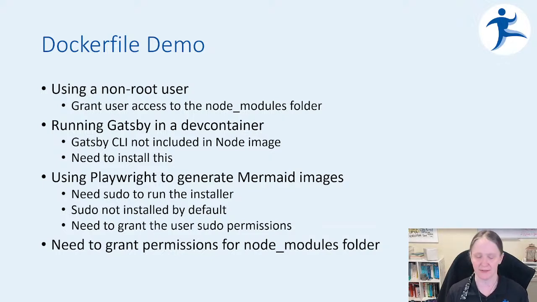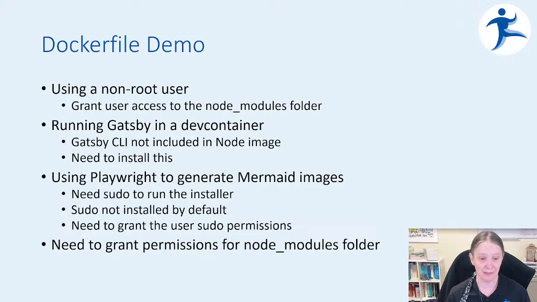So I went through the process of, okay, what does it take for a non-root user? We are running Gatsby in a dev container, again, because I don't want to install Node.js on my machine with a bunch of versions and remembering which version manager I'm using, let alone which version I'm using. That gets to be a lot of cognitive overhead that I don't need. Dev containers remove that friction.